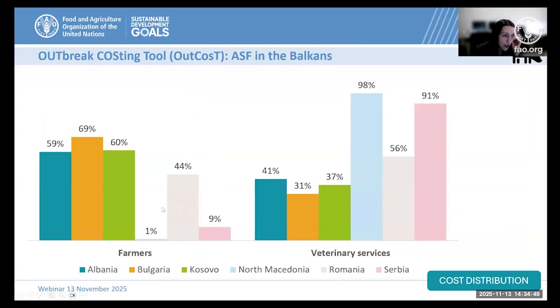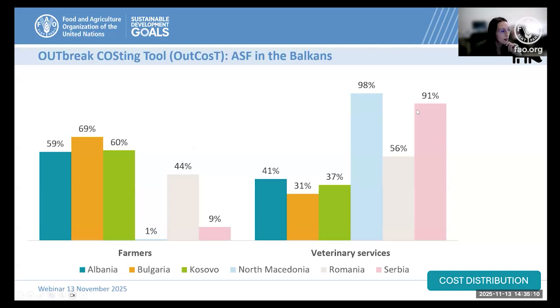If you look at farmers, you can see that in Bulgaria, Albania, and Kosovo, farmers were the ones that paid the most. And then if you look at North Macedonia and Serbia, you can see that almost everything was paid by the veterinary services.